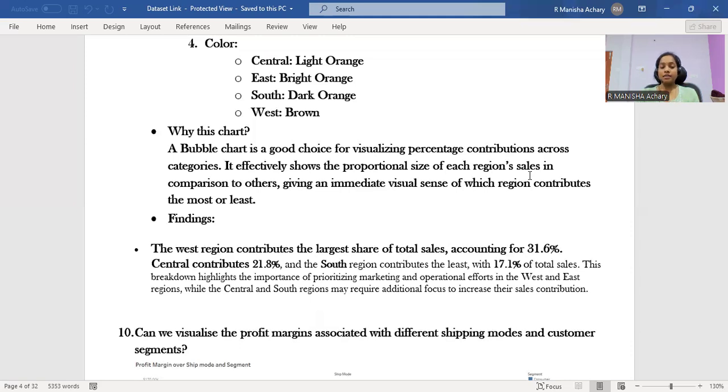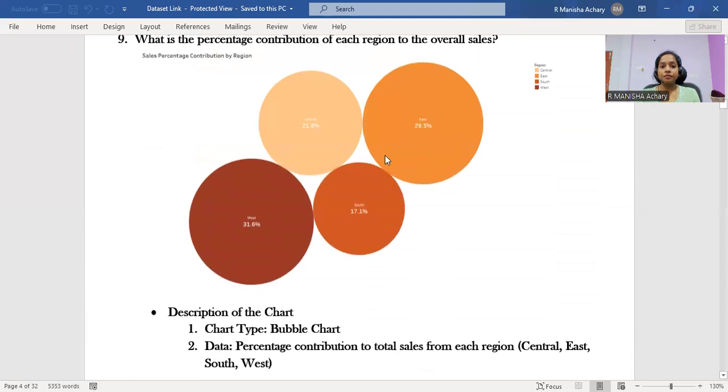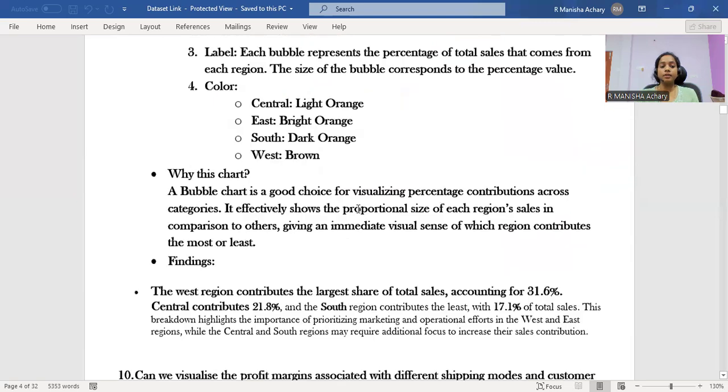This breakdown highlights the importance of prioritizing marketing and operational efforts in the West and East regions, while the Central and South regions may require additional focus to increase their sales. As compared to the East and West, they have lesser sales, so they need more attention in marketing and for increasing sales.